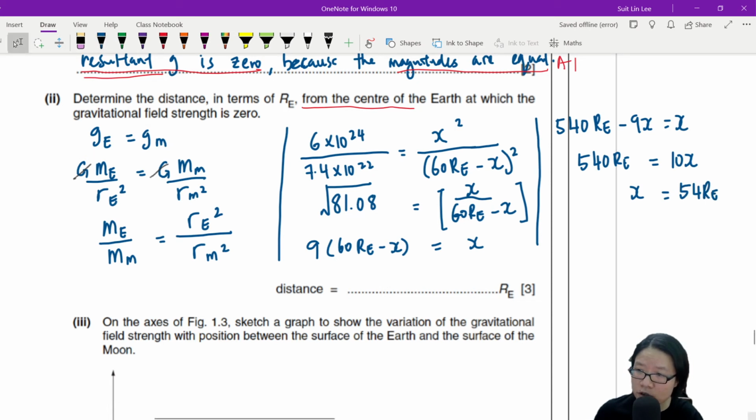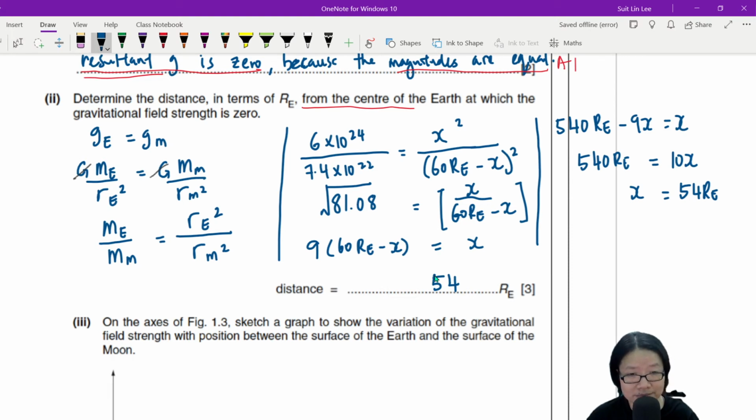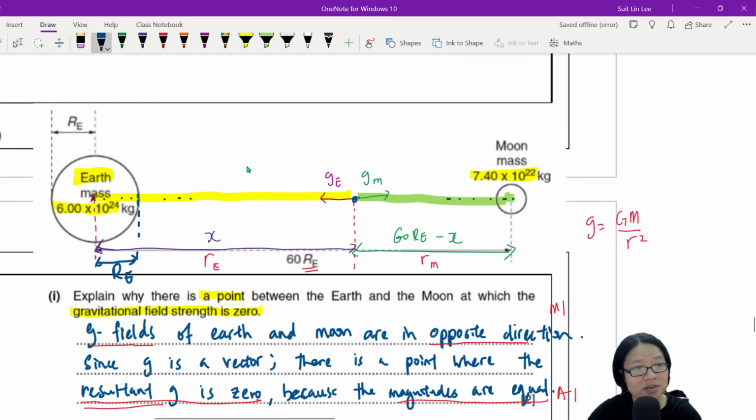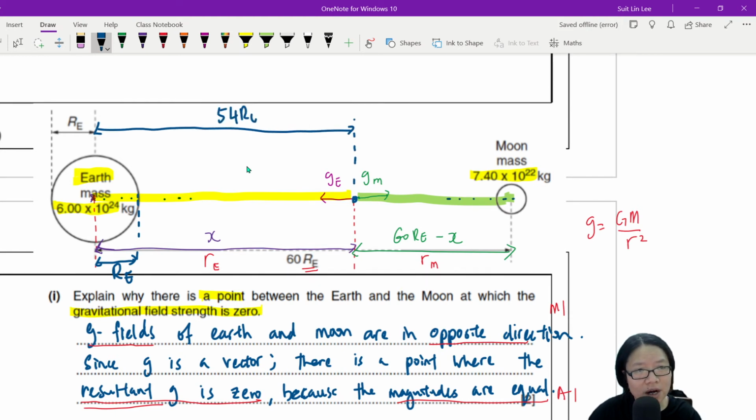Okay, so this 54 is quite big, but it is to be expected, right? You are quite far away from the Earth. 54 RE. What I mean to say, I'm going to scroll up now, is that here to here is 54 RE.